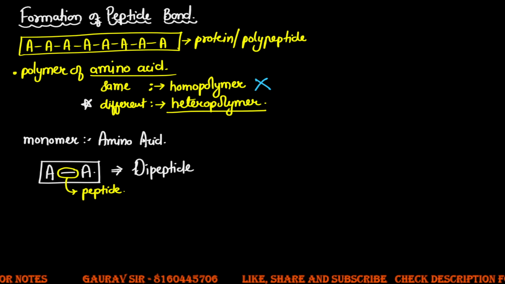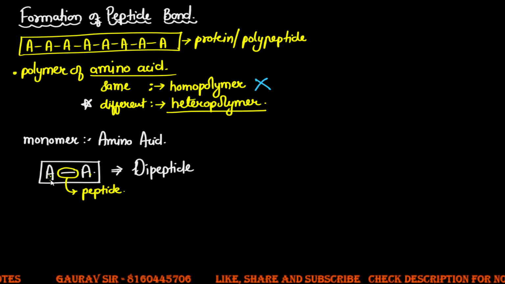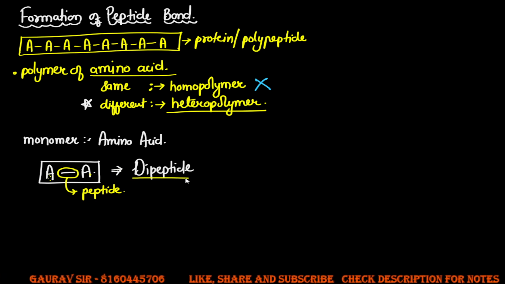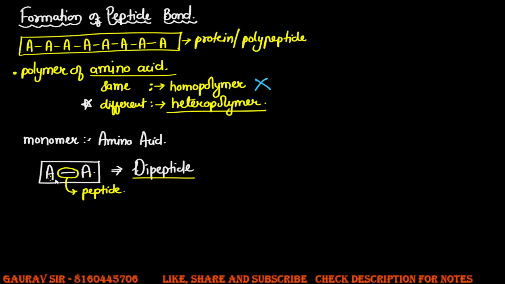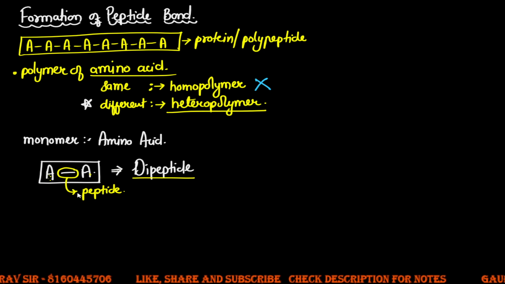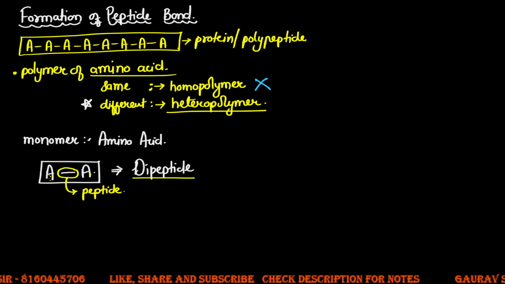When two different or same amino acids come together by forming a bond between them, they form a dipeptide, and whenever these bonds are formed between amino acids, the bond is referred to as the peptide bond. So our major focus in this video will be on how these peptide bonds are formed.